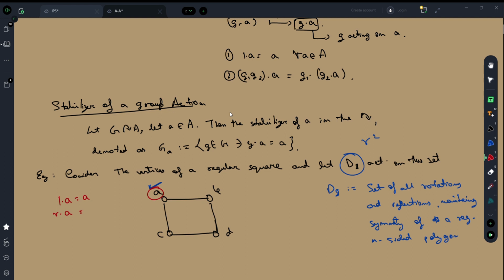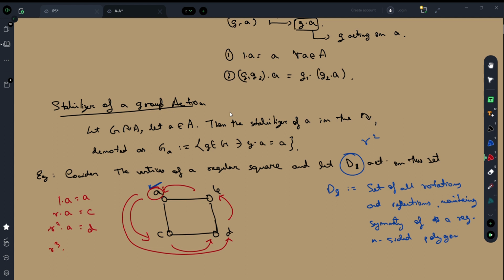What does the rotation here typically do? It rotates A by, say, 90 degrees anti-clockwise, so we take A to C. Then C will go to D, D will go to B, and B will come back to A. So R dot A will be simply C, because A is moving to C. Similarly, R squared dot A: we are rotating A twice by 90 degrees, so A will directly go to D, anti-clockwise.